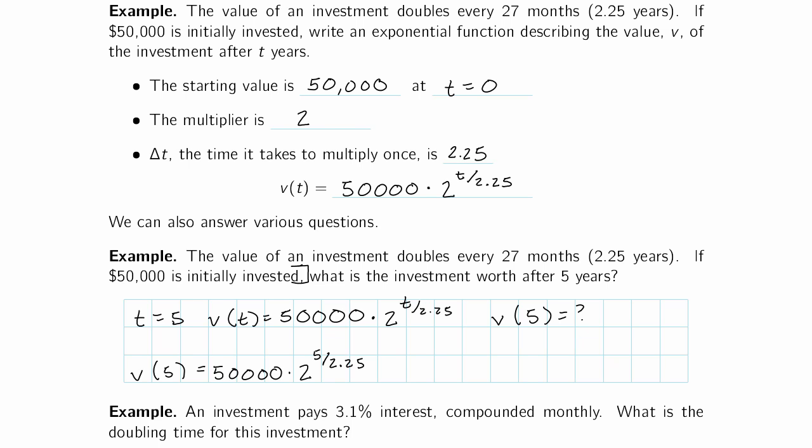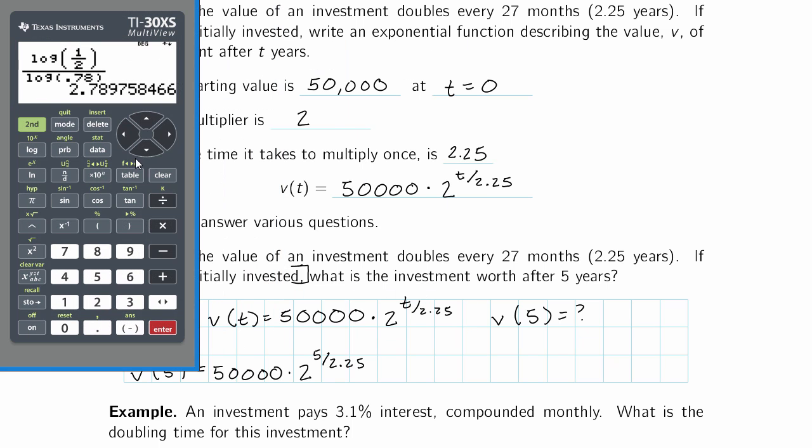We can throw that into our calculator, and we'll take 50,000 times 2 to the power 5 over 2.25. And it doesn't tell us how to round. Let's just round to the nearest cent because we're talking about money.